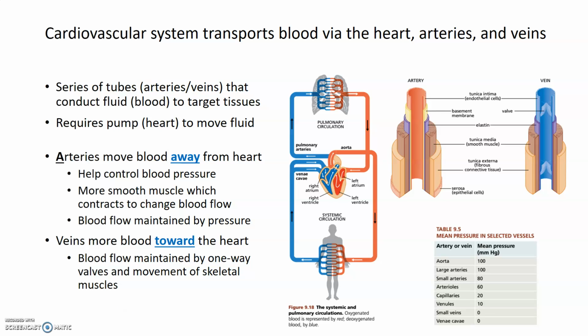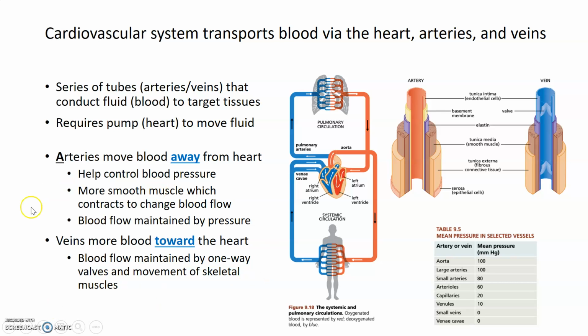There are several age-related diseases that affect the cardiovascular system. And in order to study and talk about these diseases, we first need to understand a little bit about how the cardiovascular system works. The overall function of the cardiovascular system is to transport blood via the heart, arteries, and veins.